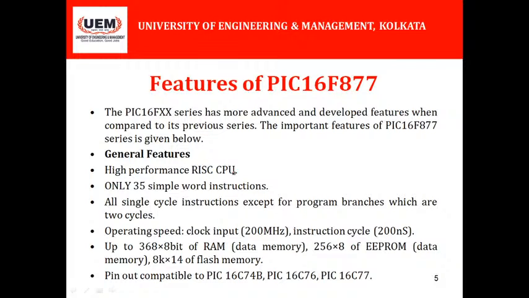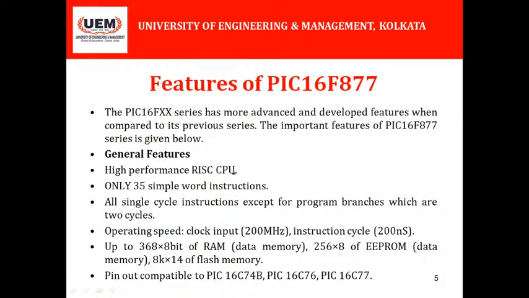So if the clock frequency increases, naturally, because tau is equal to 1 by f, the clock period decreases. If the clock period decreases, then less time is required to complete an operation. So as you see, the instruction cycle is 200 nanoseconds, which is the time to complete an instruction.